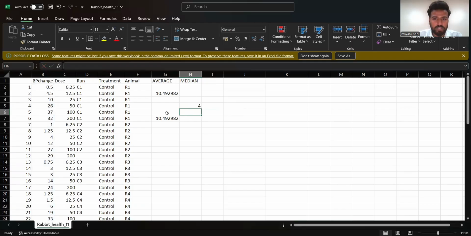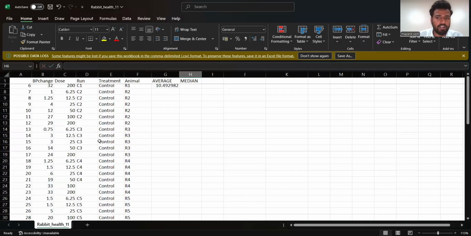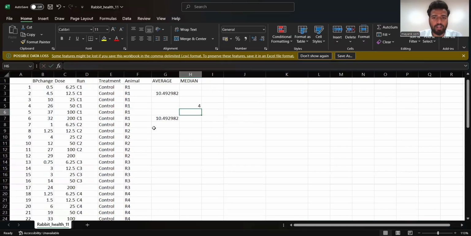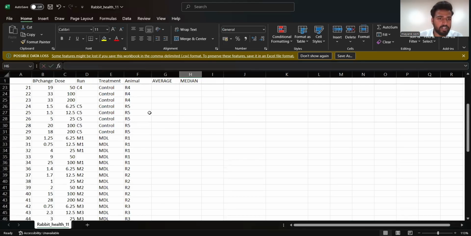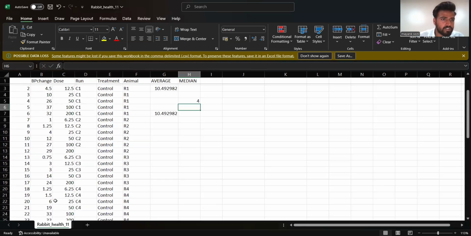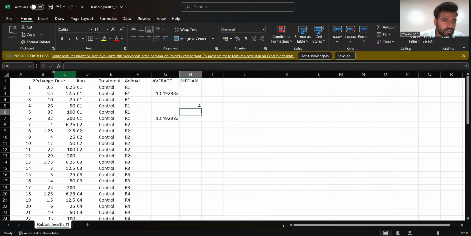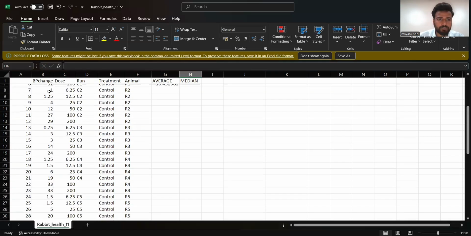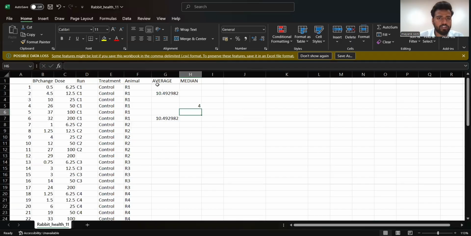Notice how this is much smaller than the average. This tells us that most animals had a relatively low change, but a few had very high ones that pushed the average. You can see 19 is a high BP change, and here the first animal is a rabbit, whose BP change is 0.5. So this pushed the average.